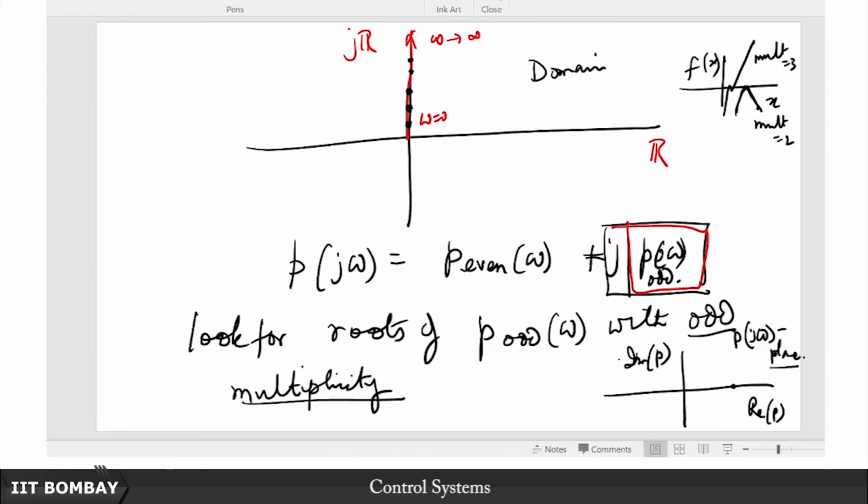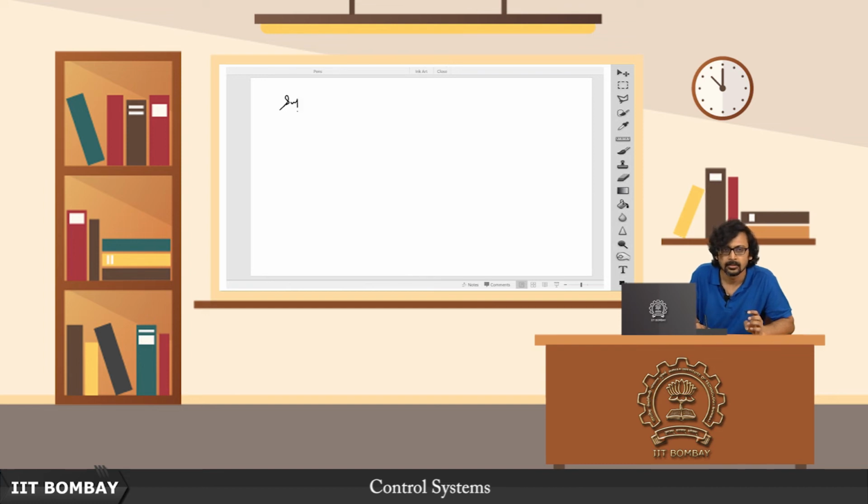So what is so special about these fellows? What is special about these fellows is that as soon as you have such a crossing of odd multiplicity, the sign of this odd part changes before and after. So for example, suppose omega I is such that p odd omega I is equal to 0 and omega I is a zero or root of odd multiplicity.